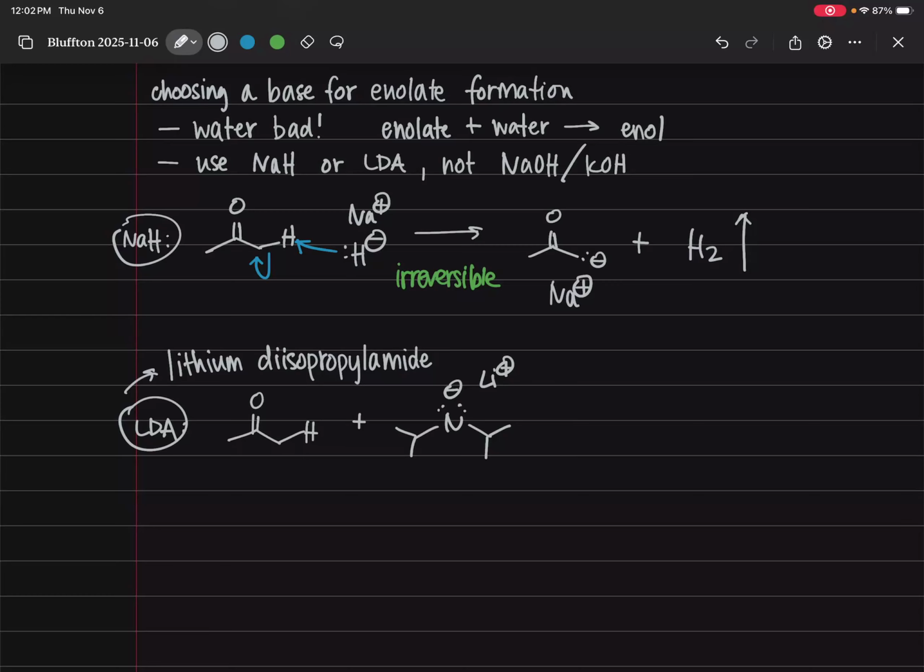Anyway, this is a base, just like any other base. It's got a lone pair, in this case two lone pairs with a negative charge, just like the hydride has a lone pair with a negative charge. And so we're just going to do the exact same thing here.